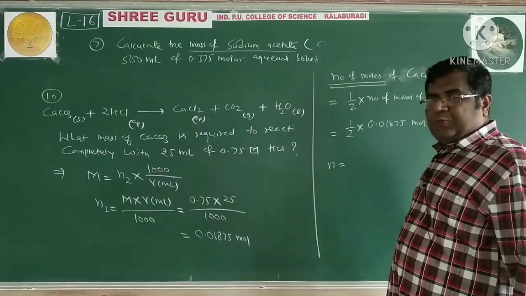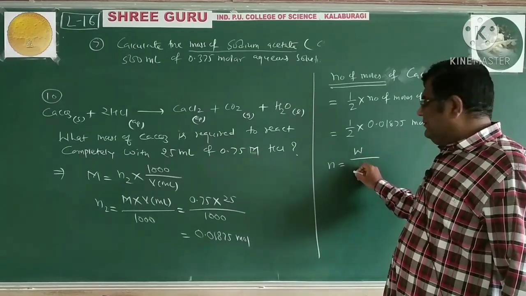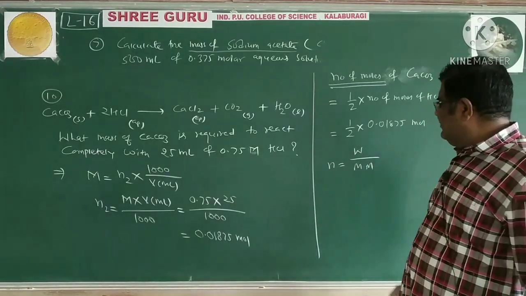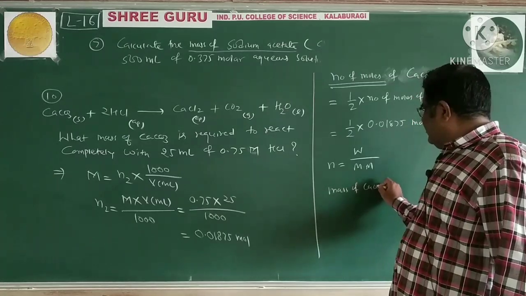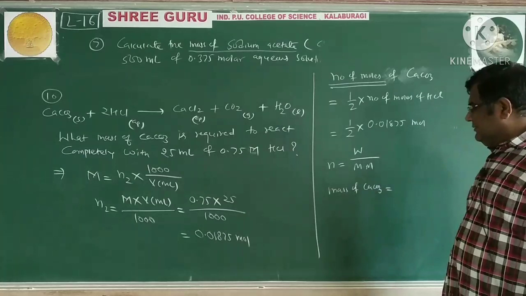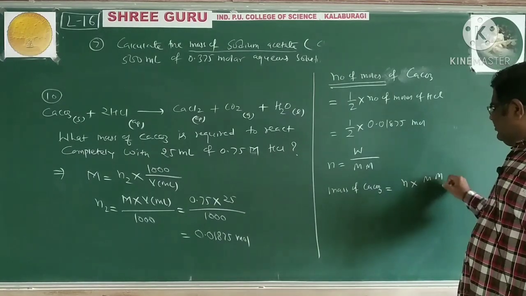N equals to mass by molar mass. So we can say mass of CaCO3, that only they have asked, is number of moles into molar mass.